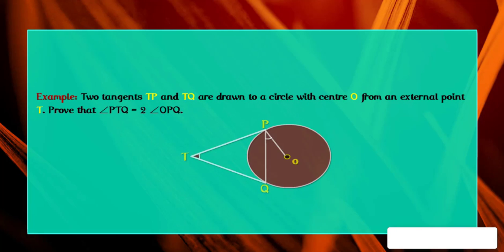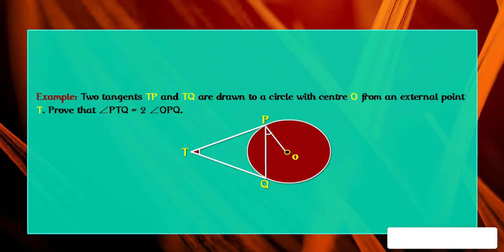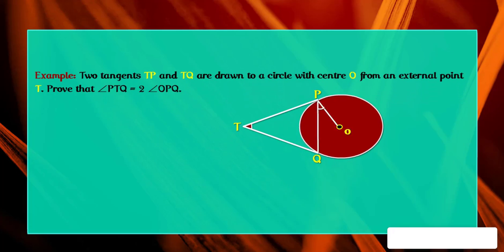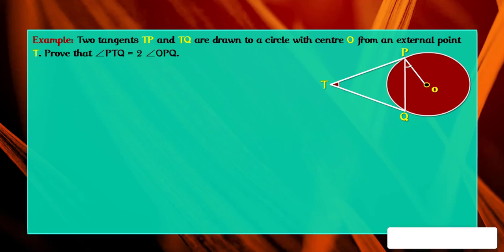Next example is, two tangents TP and TQ are drawn to a circle with center O from an external point T. Prove that angle PTQ is equal to twice angle OPQ. Solution.